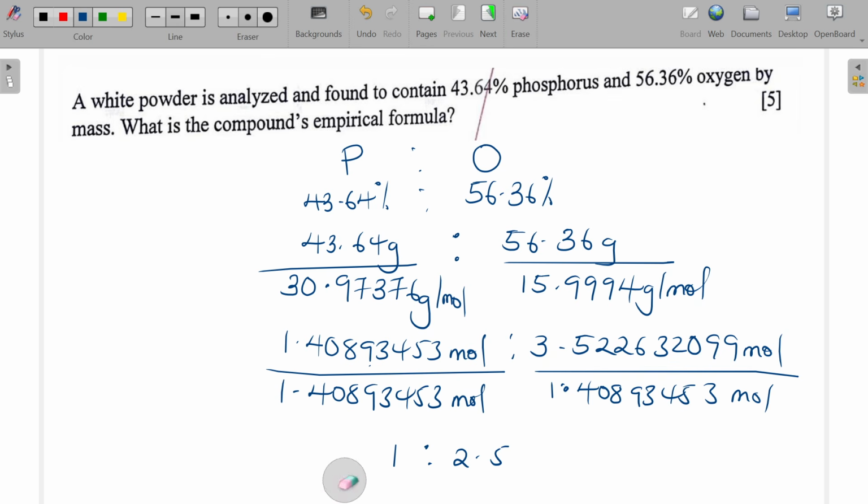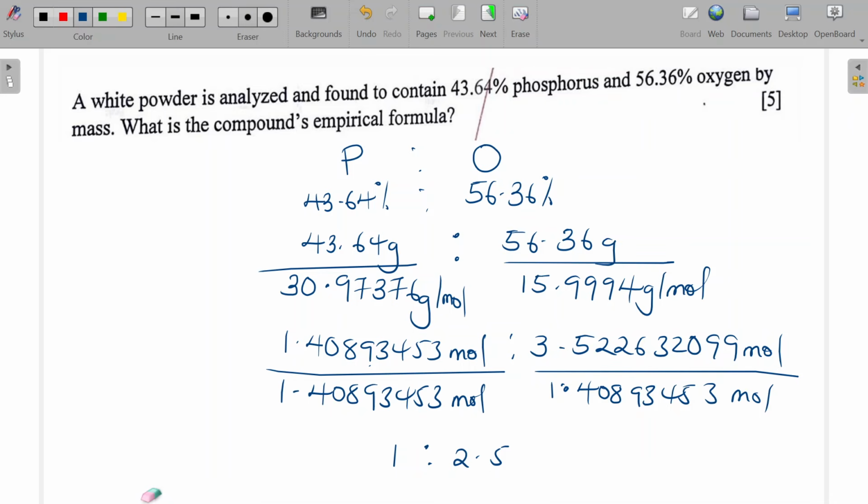So what could be the empirical formula of this? Anyone? P2O5.